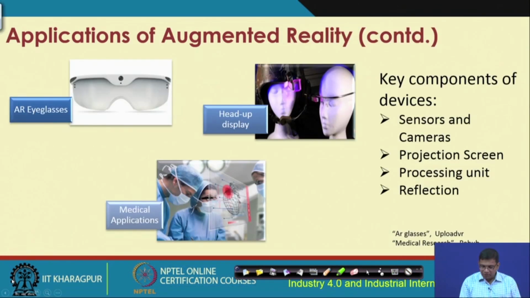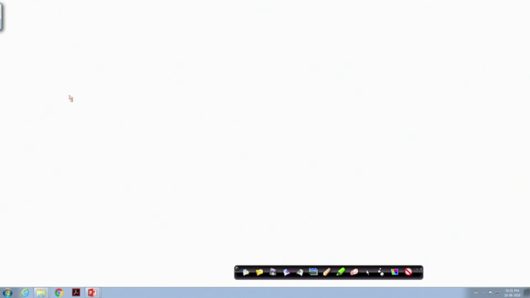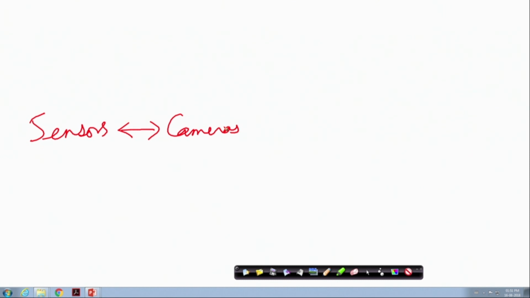So, let us do one thing. We will now try to go through some of the key features of how these AR systems work. So, what is important? We have these sensors, right. These sensors are the ones that gather real world information. Then we also have the cameras, and these cameras scan the environment and collect data from the surroundings.